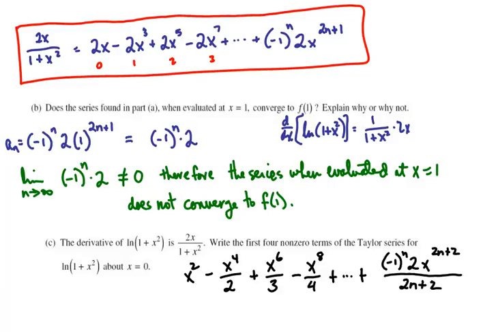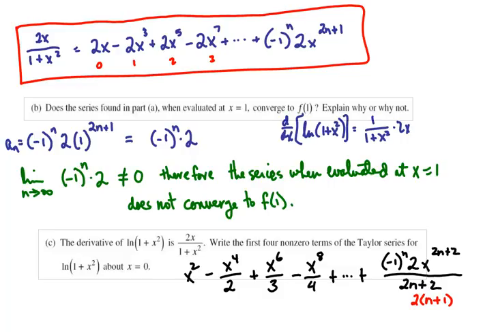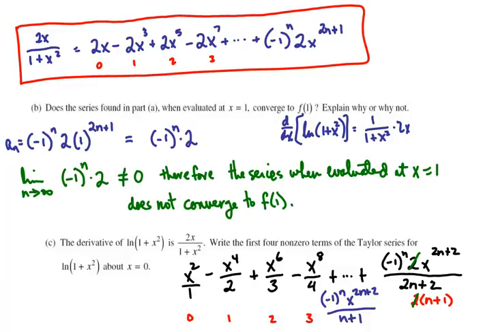However, since the denominator is 2n plus 2, you could factor out a 2 from that, and that 2 would cancel with the 2 in the numerator. So we factor out the 2, we get 2 times quantity n plus 1, and then those two 2's cancel. And we're simply left with negative 1 to the n times x to the 2n plus 2 over n plus 1. So then our general term is going to be negative 1 to the nth times x to the 2n plus 2 over n plus 1.